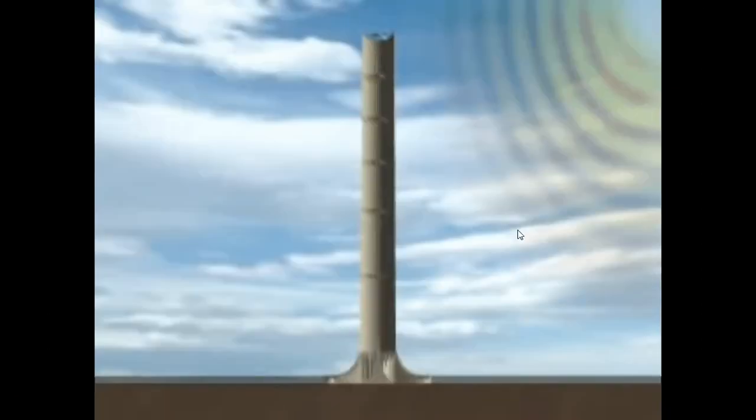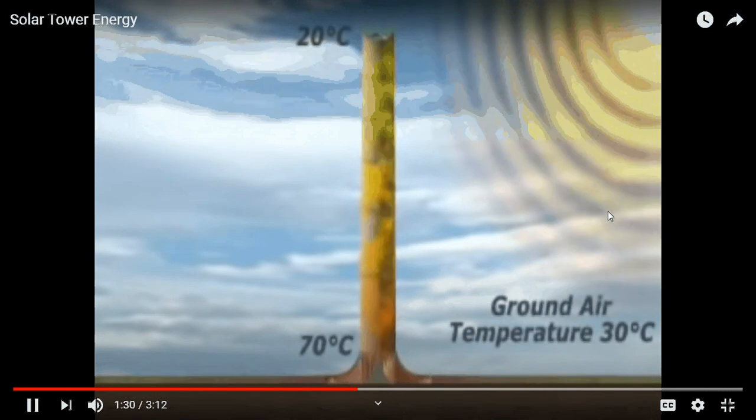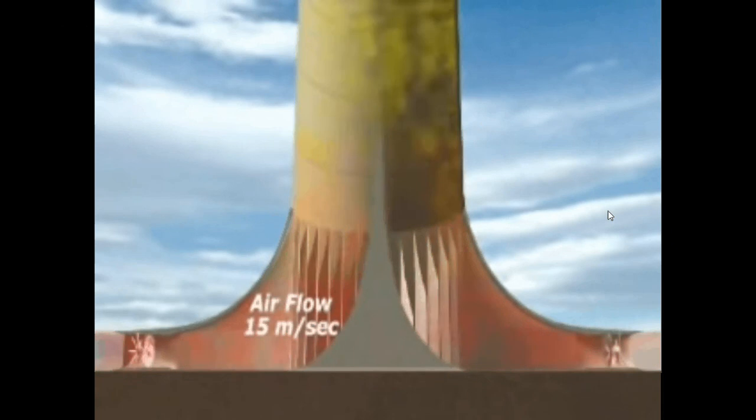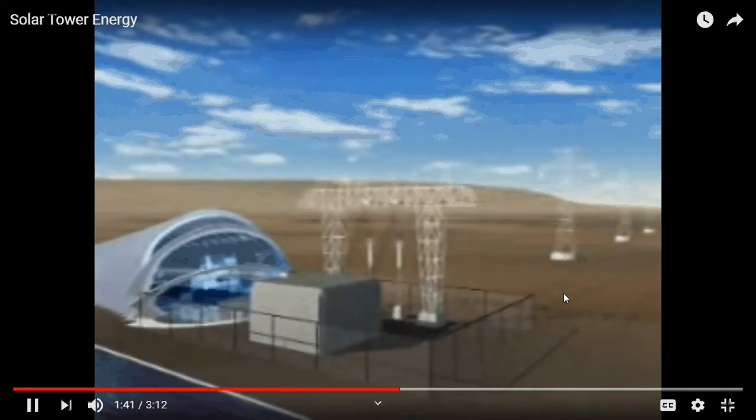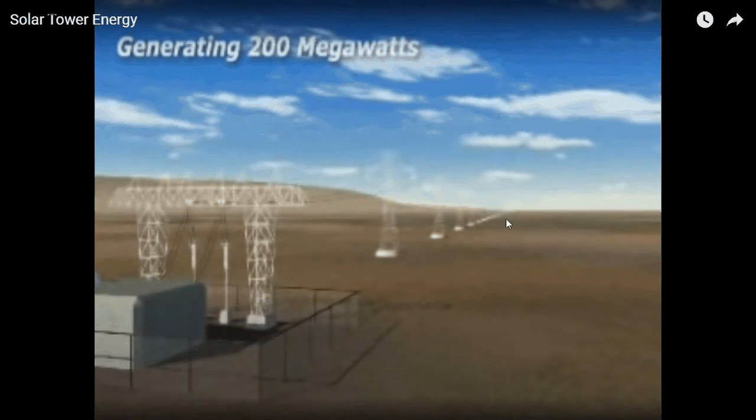So you can see now this is solar heat radiation. Okay, so there have been turbines installed at all different places in the tower and they generate 200 megawatts of power.